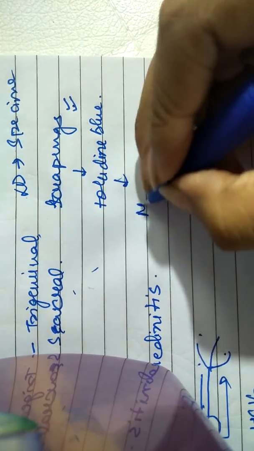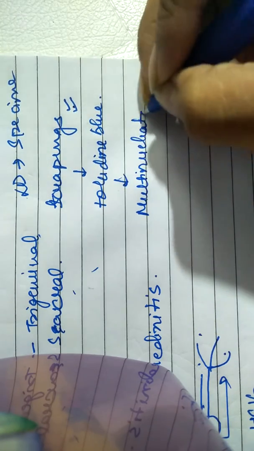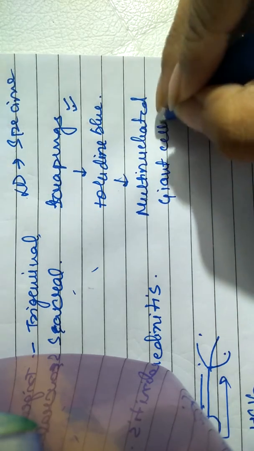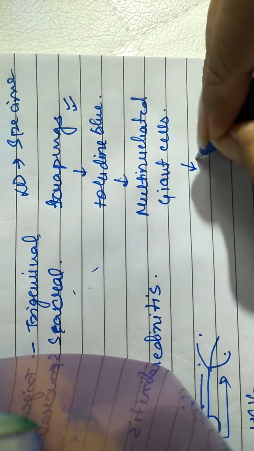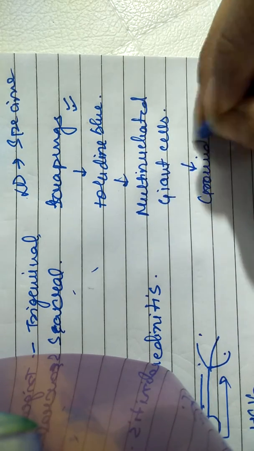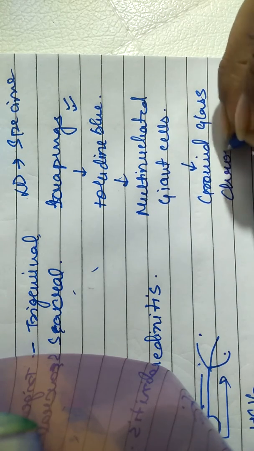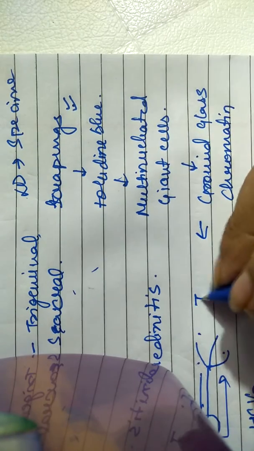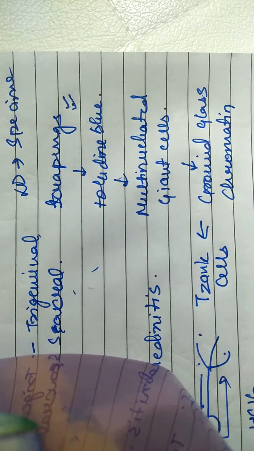In that you will see multinucleated giant cells, and these are stained as ground glass chromatin. This is also called the Tzanck cells.